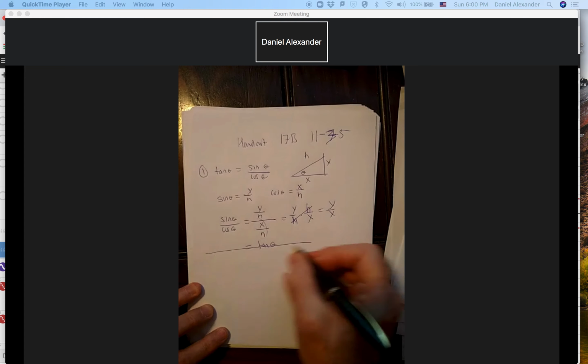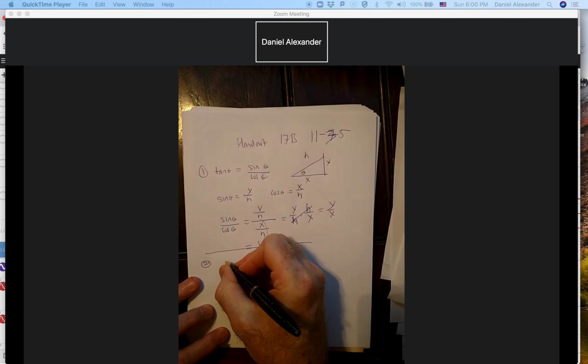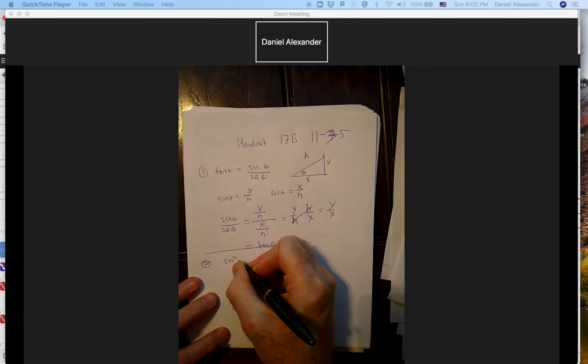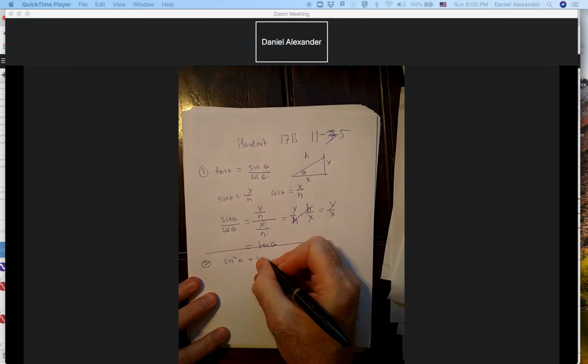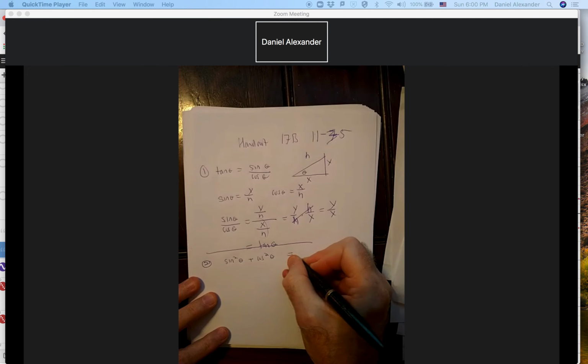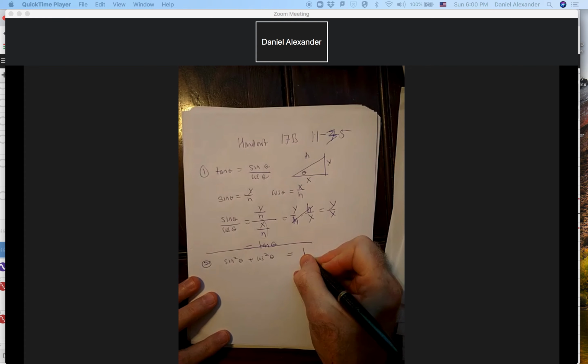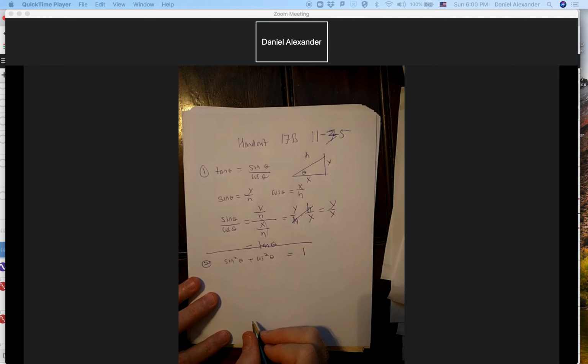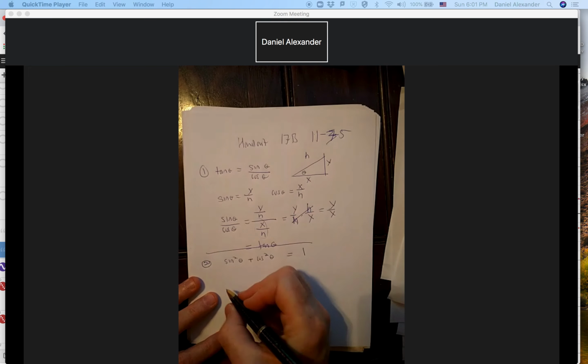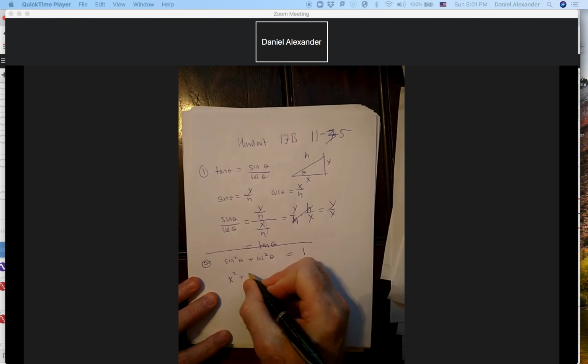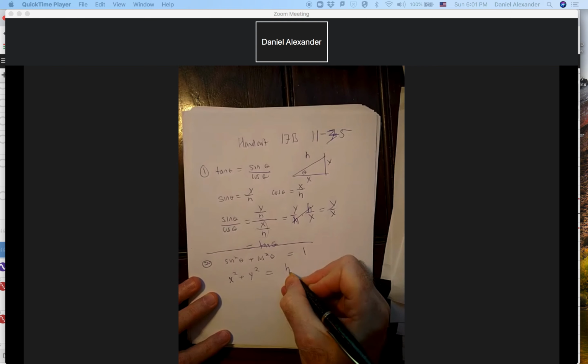Okay. So the next one is to show that sine squared theta plus cosine squared theta is equal to 1. So here we go. We know that in this right triangle, x squared plus y squared is equal to h squared.